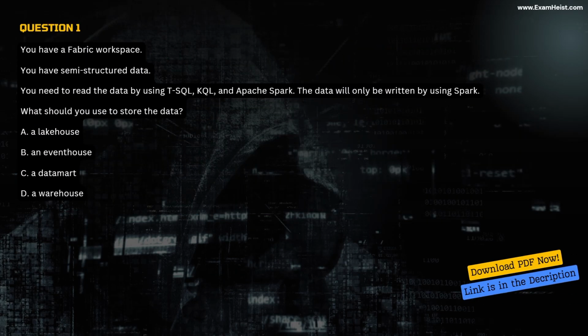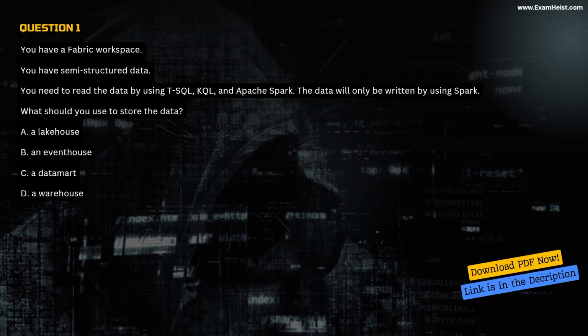Question 1. You have a Fabric workspace. You have semi-structured data. You need to read the data by using T-SQL, KQL, and Apache Spark. The data will only be written by using Spark. What should you use to store the data? A. A lakehouse.